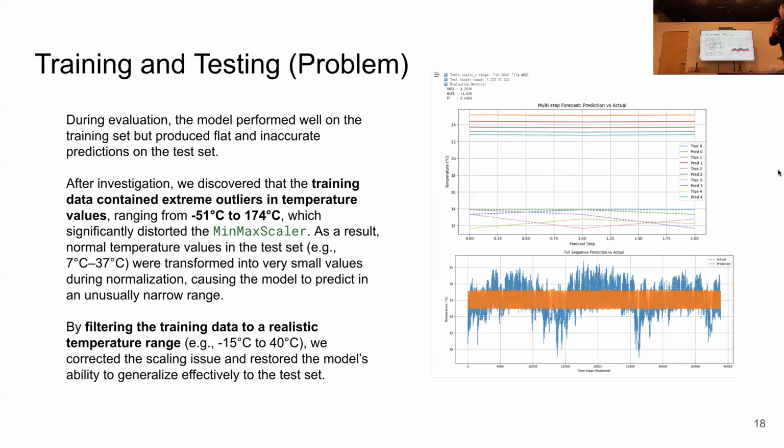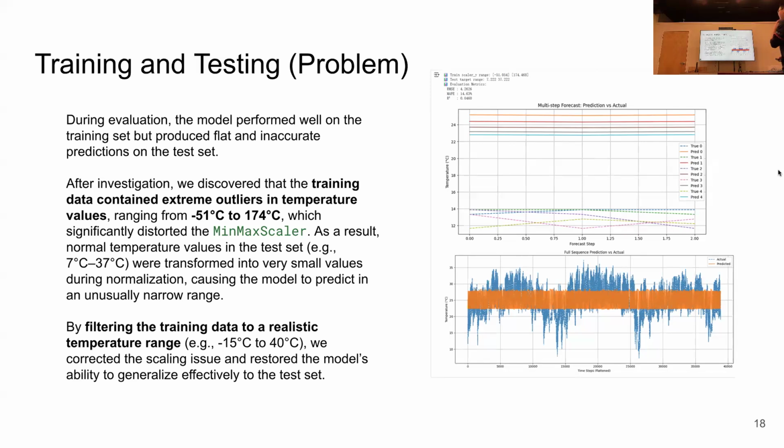Actually, during the testing part, I found some problems. The results were very bad. So after investigation, I discovered that the training data contained extreme outliers in temperature values. It can even reach 174 Celsius degrees.